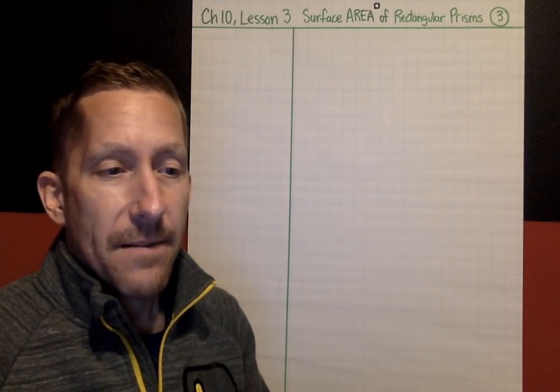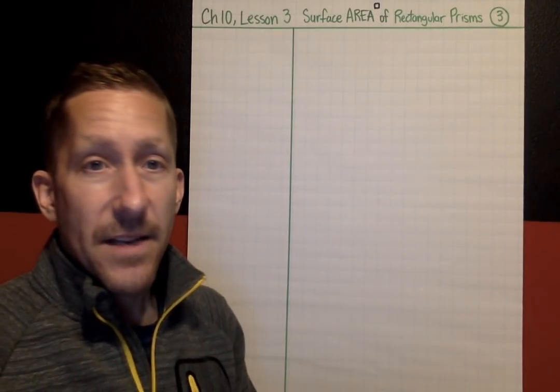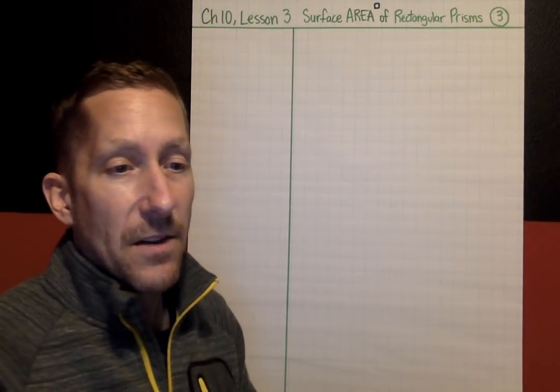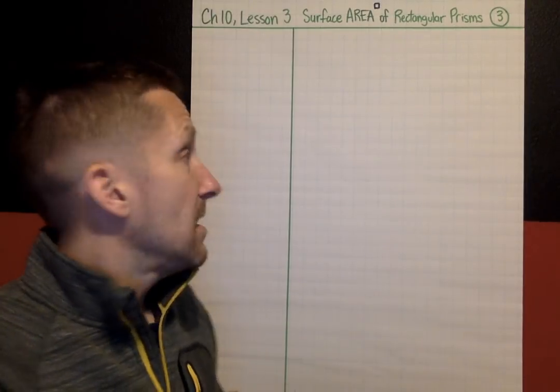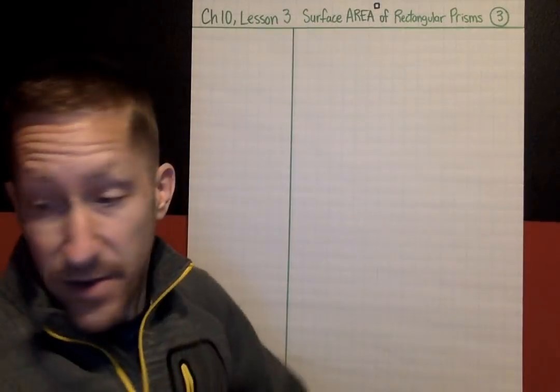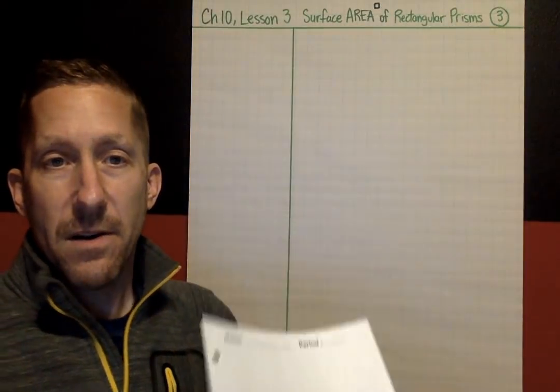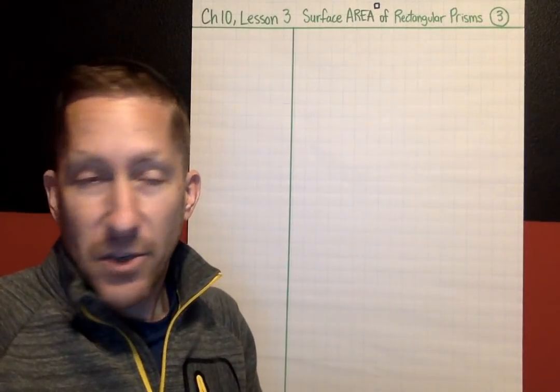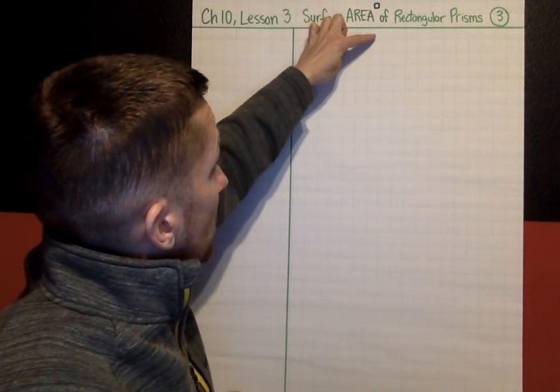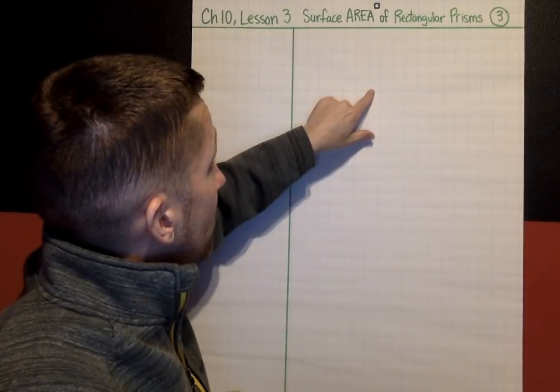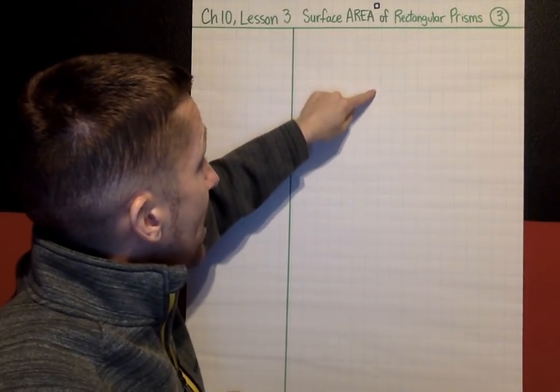All right, let's get started by drawing a rectangular prism. So carefully follow my directions and come down on your paper. Again, if you want to use grid paper to help you out, you sure can. But come down 5 squares, 1, 2, 3, 4, 5 lines.